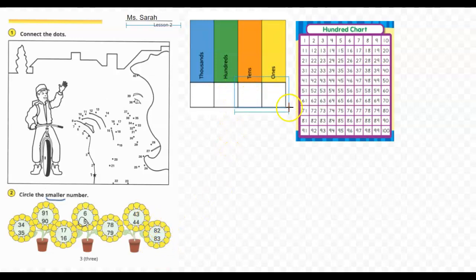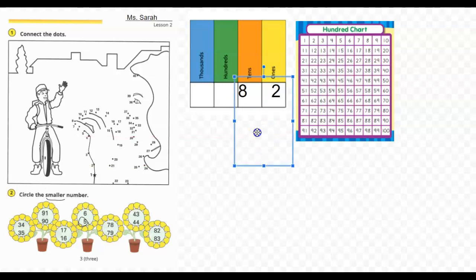Now, if I was to break that number up, I'm going to say 82 has 8 tens and 2 ones. 8 tens and 2 ones. Whenever we're trying to decide what number's bigger, we want to look at the digit, which means the number, all the way the farthest over. So if we had 1,000, we want to look at the thousands first. If we had 100, we want to look at the hundreds first. If we have a 10, we're going to look at the tens first, and then we're going to compare the ones.